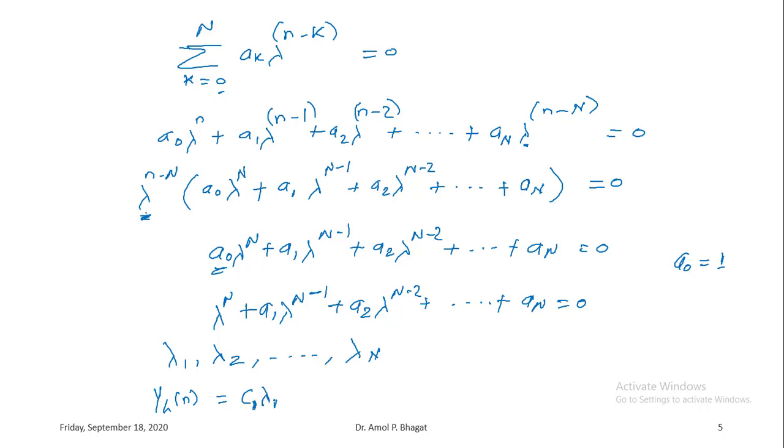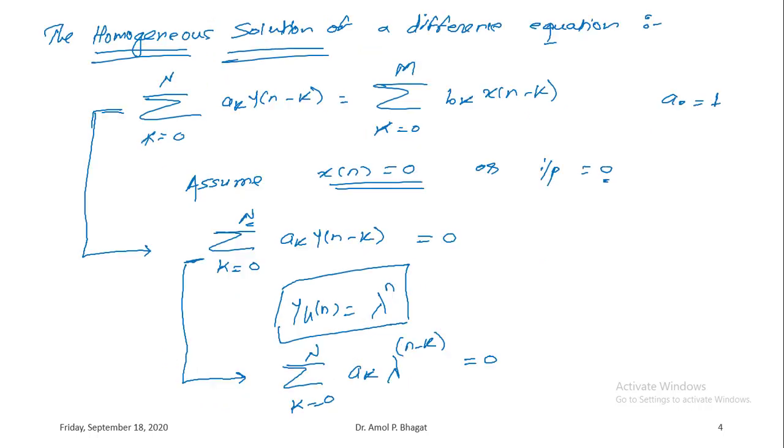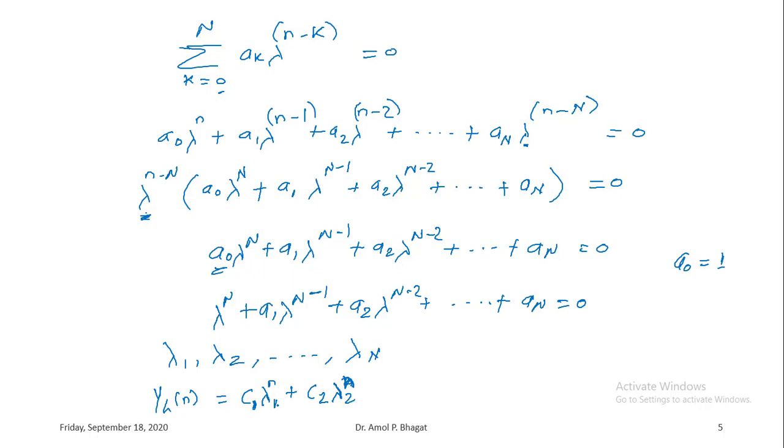Just for example, if I consider c1 as the first constant, the first root is lambda 1. The second constant I can consider c2, and it will be lambda 2 to the power n, because in the generalized form of the homogeneous solution we consider lambda to the power n. So it will be c1 lambda 1 to the power n plus c2 lambda 2 to the power n plus and so on plus cn lambda n to the power n.